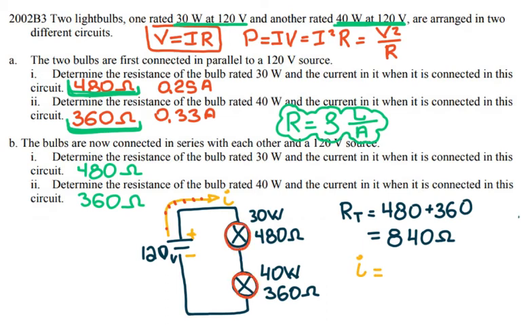They all have to pass, and the same ones pass through each room, because there's no other way to get back to the battery but following the path provided in the series connection. So the current is the voltage divided by the total resistance, which is 120 divided by 840, and the current is equal to 0.143 amps.